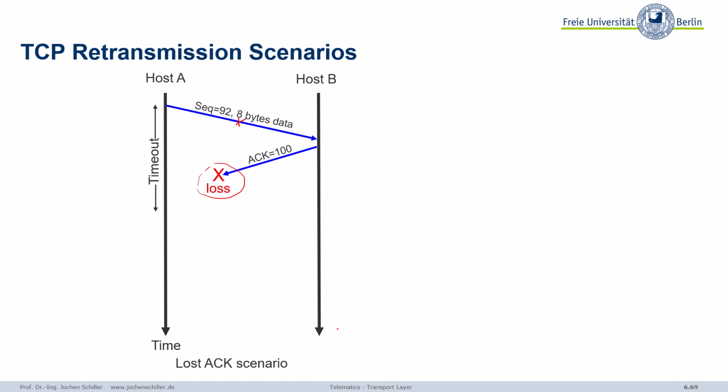For host A, this doesn't matter. After a timeout, you have to retransmit and you send exactly the same again. Host B will notice this and say, okay, I received this already, and send back the acknowledgement, and host A can then update its data knowing everything up to 99 has been received. The next byte expected by host B is 100.